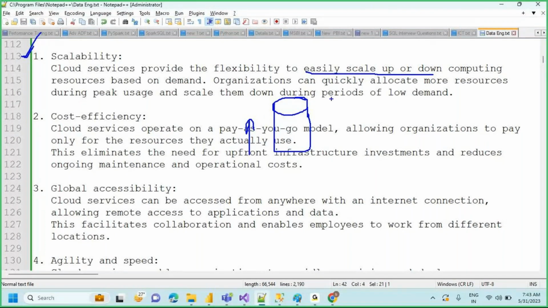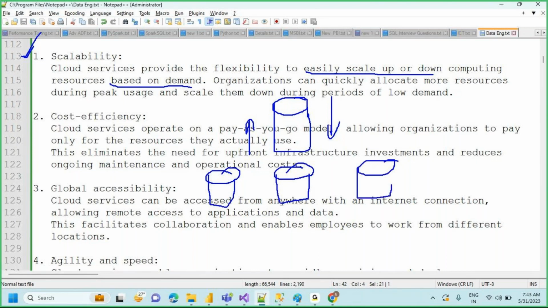And if I wanted to scale down, you can do it very easily, based on your demand. Currently we have three different databases: for development we have one SQL Server database, for testing we have one SQL Server database, and for production we have one SQL Server database.